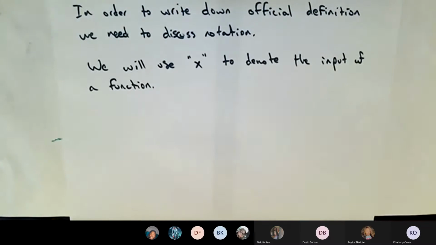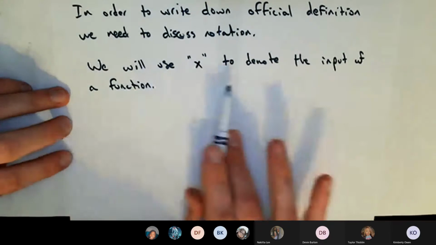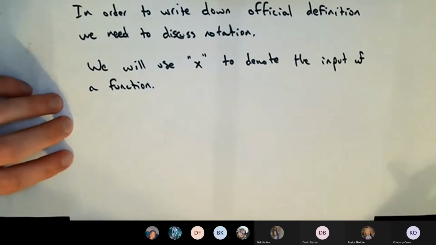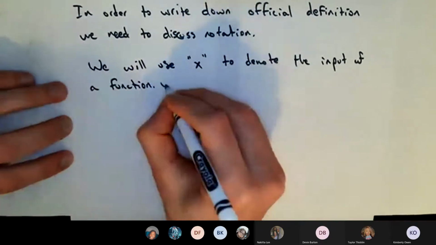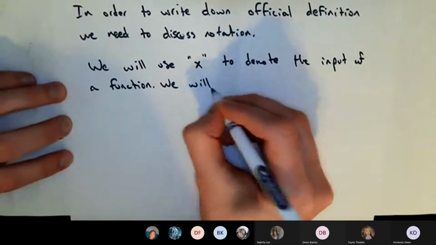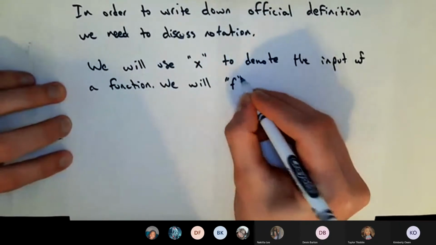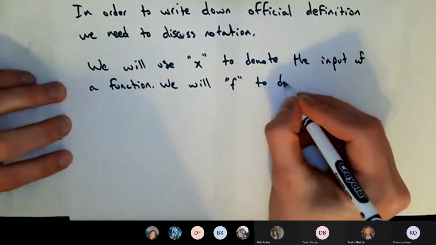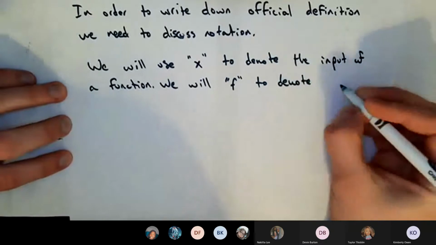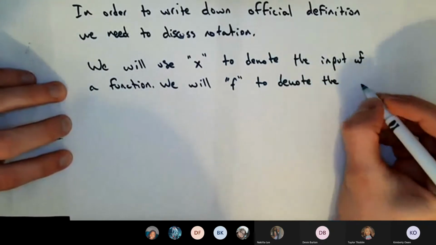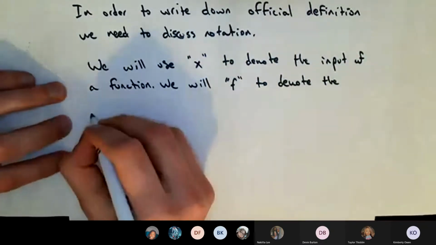It doesn't mean anything yet, but just stick with me here. So we will use x to denote the input of a function.